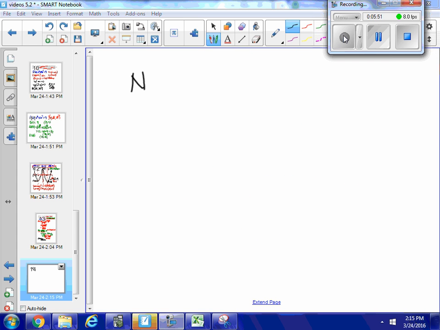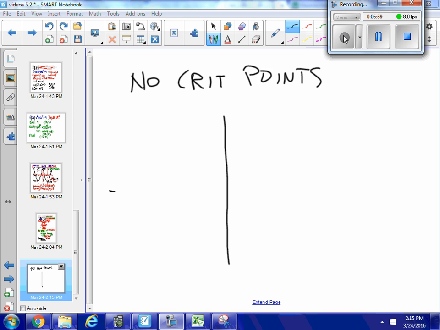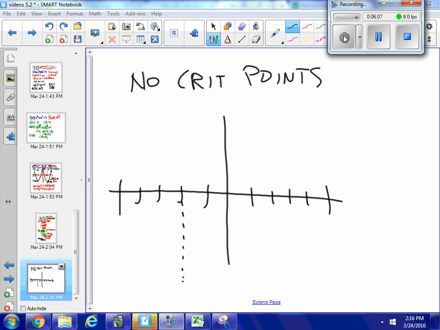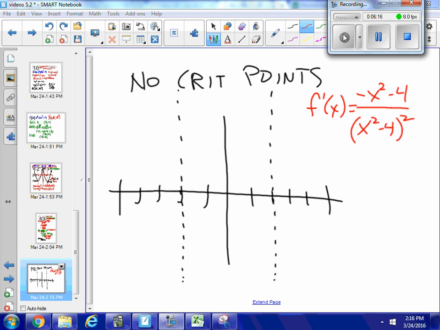So while I have no critical points, what I do know is that I have a graph, and I know that at -2 and at +2, I have vertical asymptotes. So it wouldn't hurt me to test each interval of this graph.